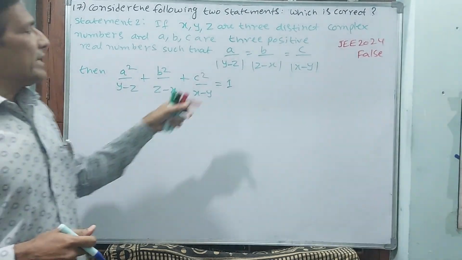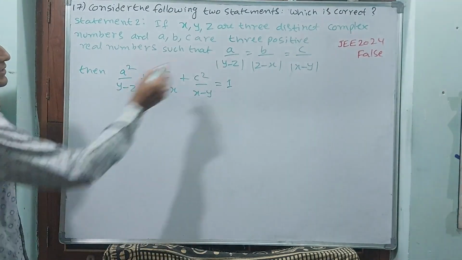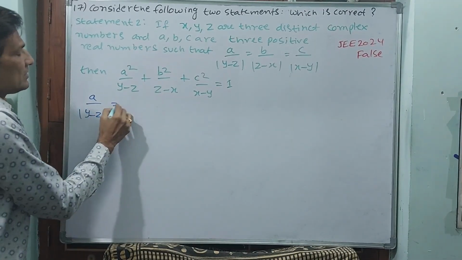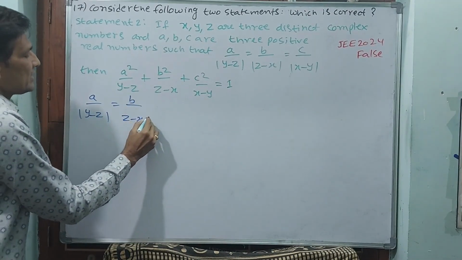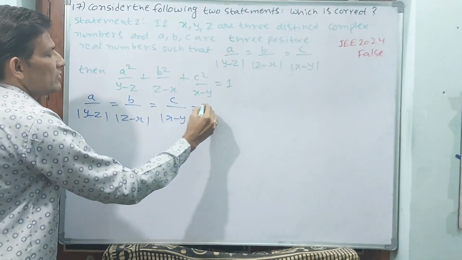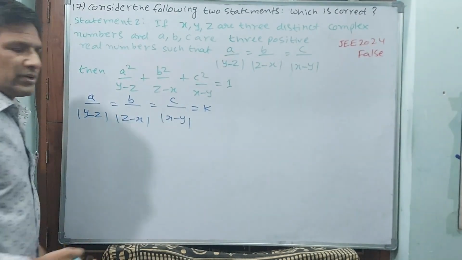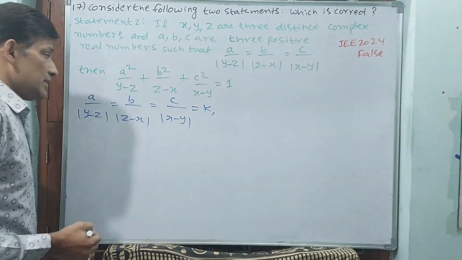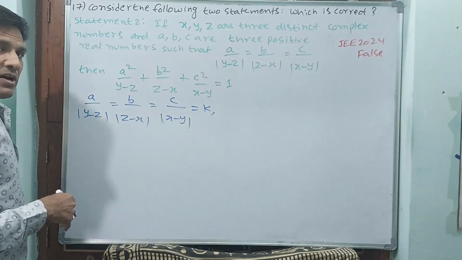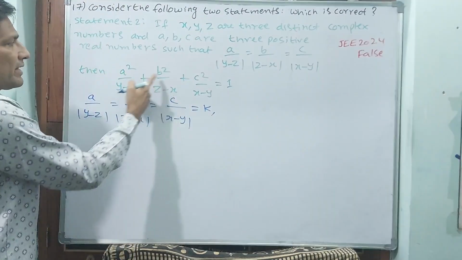So see how we are going to show this is false. Anytime they give something like this, we can take that equal to some constant k. A by modulus of y minus z is equal to B by modulus of z minus x, that is equal to C by modulus of x minus y, is equal to k. Let k be a constant, because ABC, x, y, z are there, but k is not there. Now I will square numerator and denominator, because squares are appearing here.